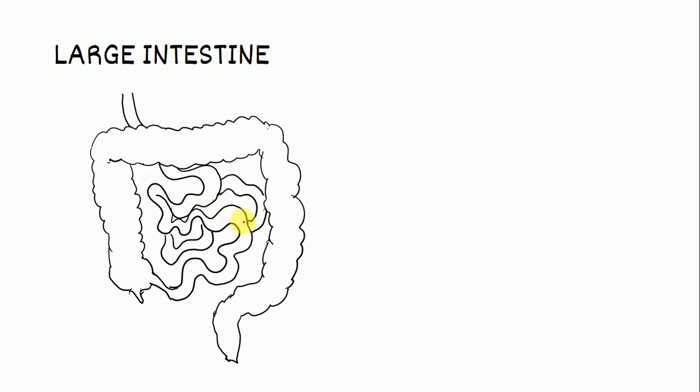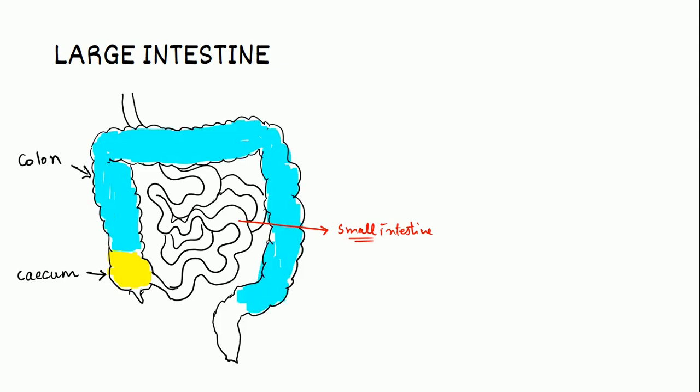The surrounding structure around the small intestine is the large intestine. The large intestine is divided into three parts: the first part is the cecum, then the colon and the rectum.